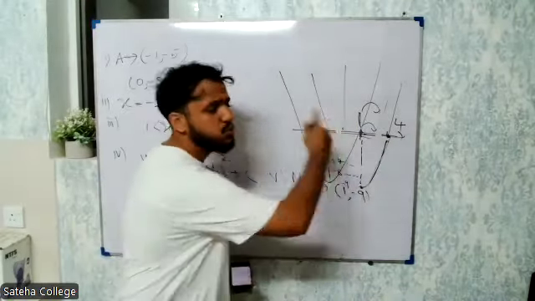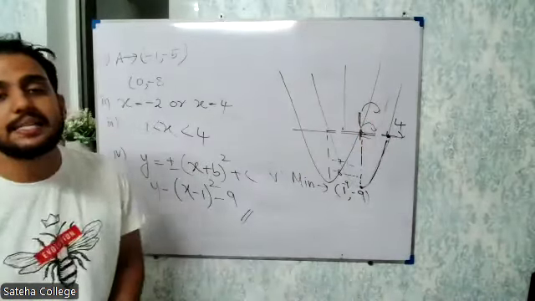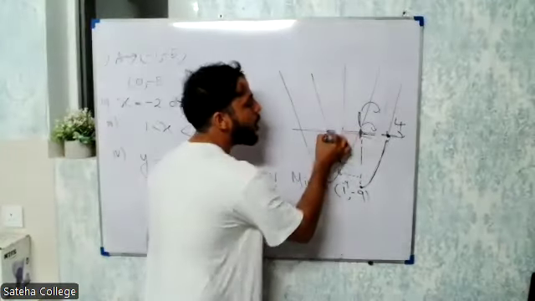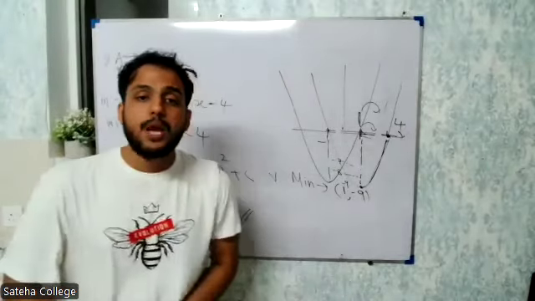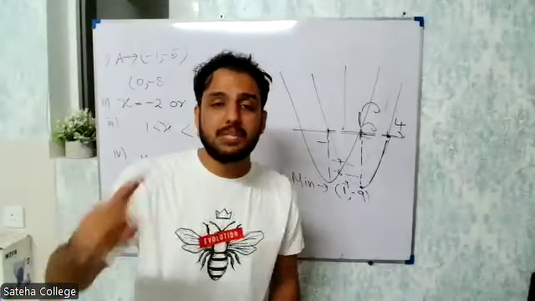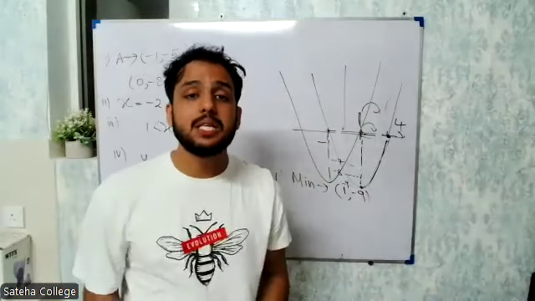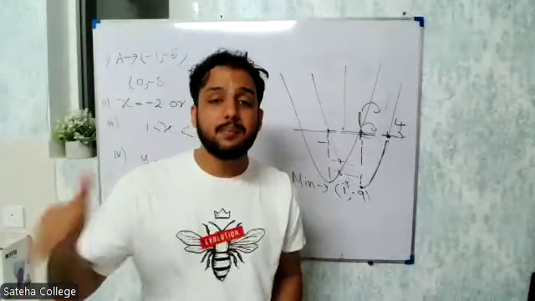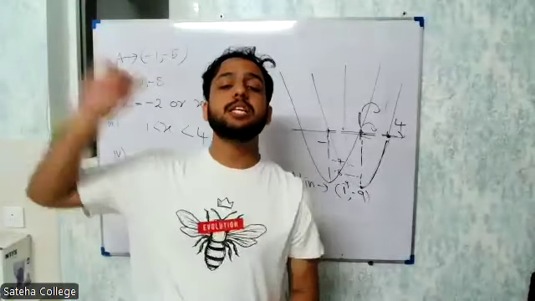This is just without changing up or down, just by moving it to the left-hand side by 2 units. Now your axis of symmetry is minus 1. So remember, when you move the graph up or down, what will change is your minimum or maximum value. When you move the graph left or right, what will change is your axis of symmetry. This is always without changing the shape of the graph.